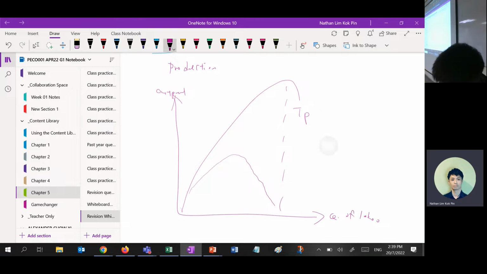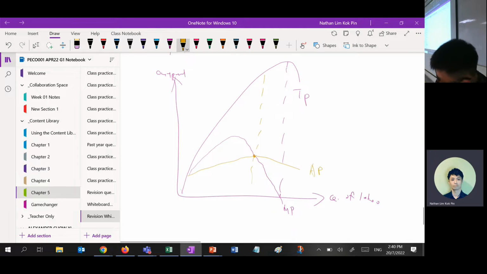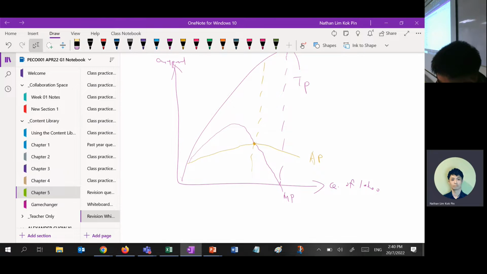Marginal product must touch this axis at the dotted line, because this is where total production achieves maximum. Then there's average product. Average product must cross MP at the maximum point. So this is average product, so draw another dotted line.